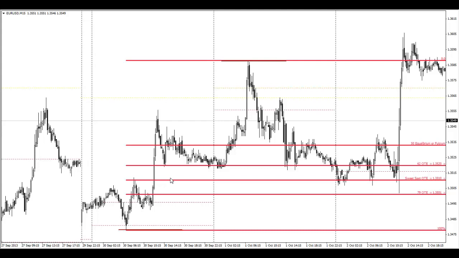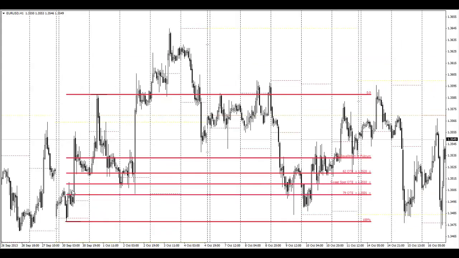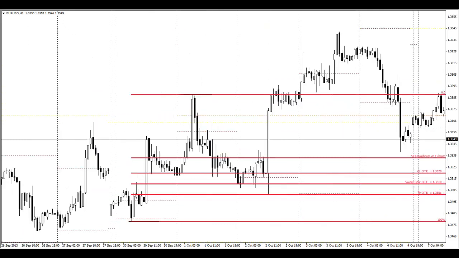Well, if we go out to an hourly chart, here is the bearish candle prior to the bullish move up. Let's zoom in a little bit more. There you go, right there.